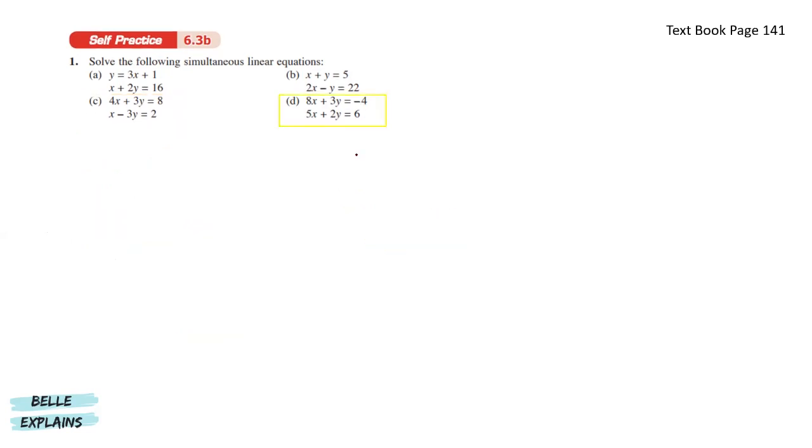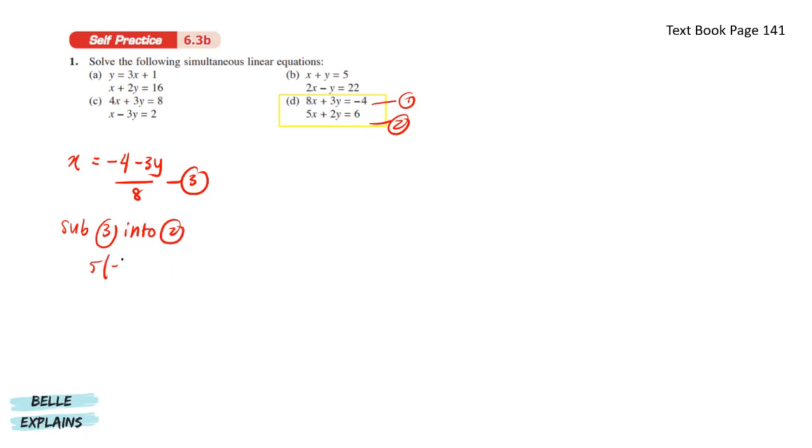And lastly for d, from equation 1 we can derive x equals (negative 4 minus 3y) over 8. Let's sub equation 3 into equation 2. We have 5 times (negative 4 minus 3y) over 8 plus 2y equals 6.